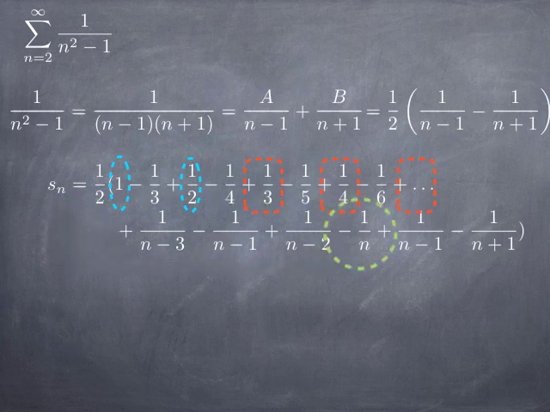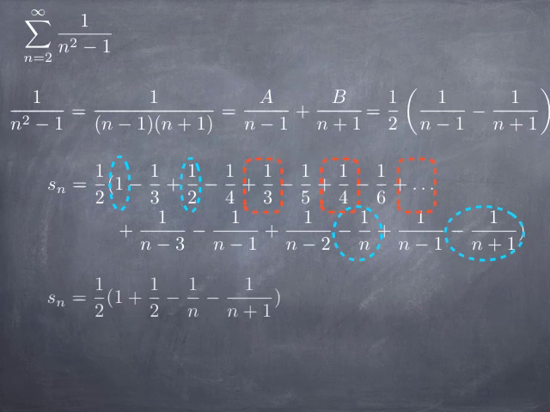However, this negative 1 over n would cancel with a term that is coming after we stop. So essentially, that means that this term is going to stay there, doesn't cancel with something that comes later on. 1 over n minus 1 cancels, as we have seen, a negative 1 over n minus 1 that comes before, and this term would also have to be cancelled with the terms that come later, so it's going to just stay.